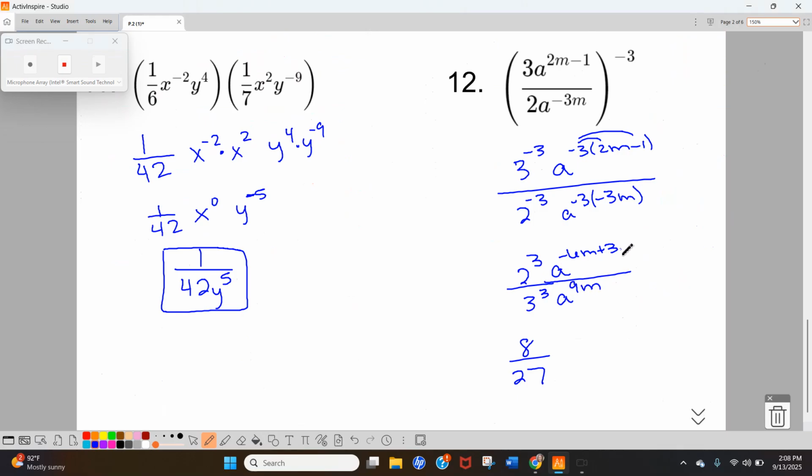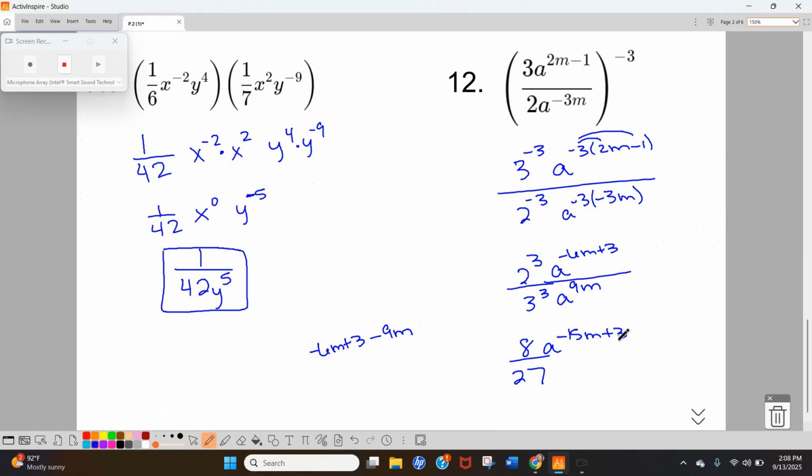So then when I handle what's going on with the A, we're going to take the -6m plus 3 and subtract 9m. So that would give us A to the -15m plus 3.